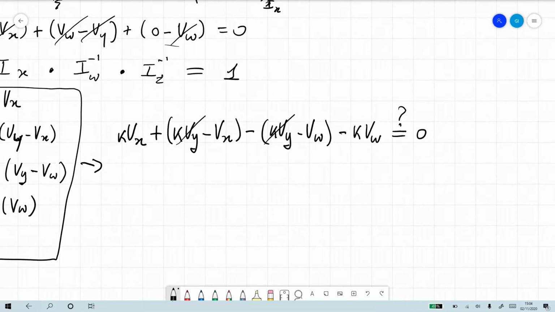But then you have Vx that has kappa minus 1, minus Vw that has, I'm confused with all the minuses. This would be plus Vw minus kappa, so it's also kappa minus 1. Yeah, it's correct. So if kappa is equal to 1, we get 0 on both sides, but otherwise we don't.